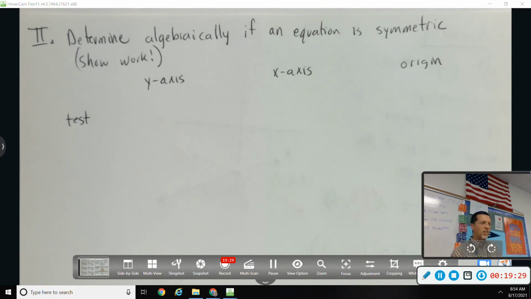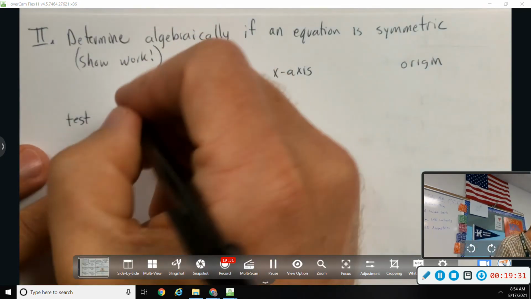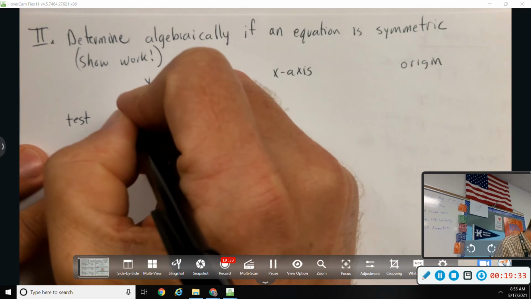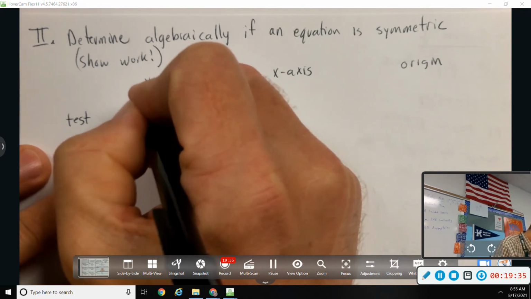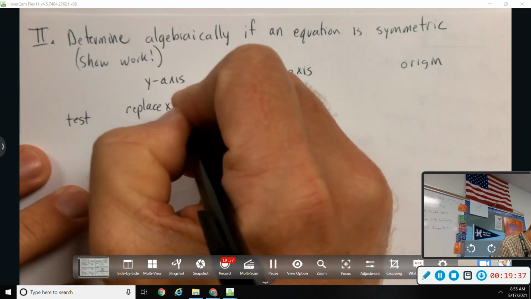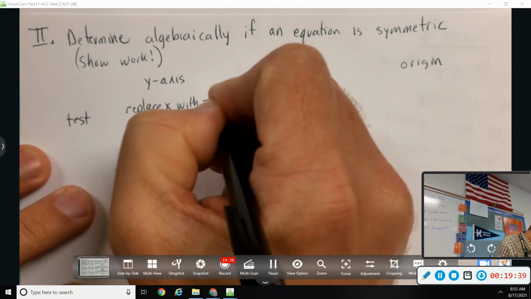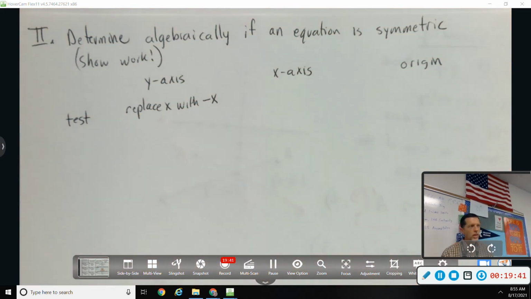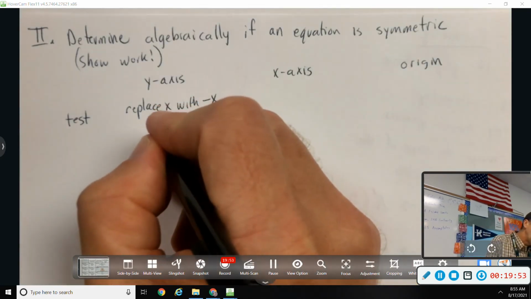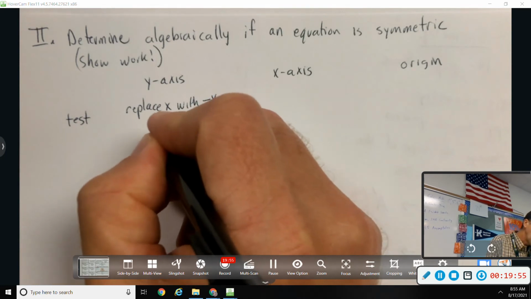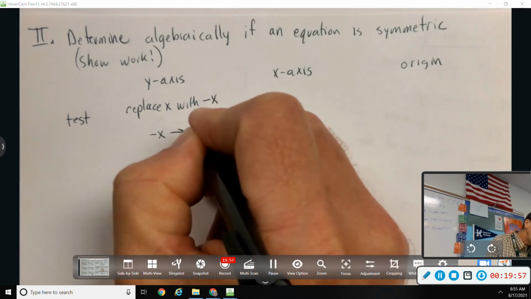So the test for y-axis symmetry is to replace x with negative x. We'll do an example of this in a minute if you're wondering what that means. Saying the same thing, maybe just a different way, we're going to put negative x in for x.